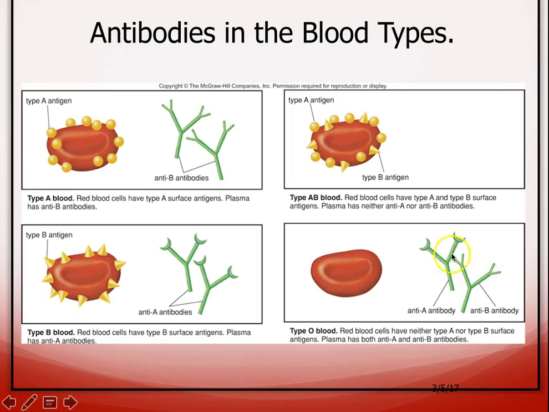So we have both of those antibodies. Does that make sense? And then here we have type AB blood. Now if we take a look at this, there's A and there's B. There's nothing that's not us. So there are no antibodies. Does that make sense? So the antibodies are basically a thing that is not you. And we haven't discussed the RH type here. That will come into play in a second.